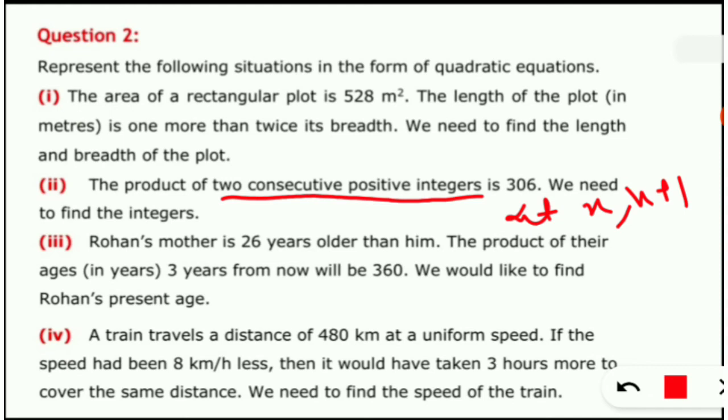If the first one is 7, then the second one is 7 plus 1, 8. So here we take the first one as x, then the second one is x plus 1. The product of the two consecutive positive integers, that means x into (x plus 1), equals 306. This is the condition.